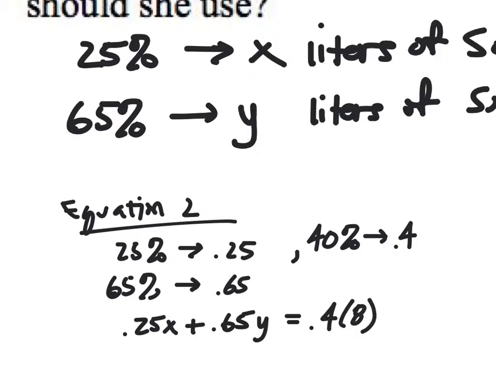Okay, and that's where it gets really tricky. This is the amount of 25% solution. This is the amount of 65% solution. When you combine them, your desired amount is a 40% solution of your 8 liters, which is kind of interesting. But they're all going to go like this, okay?